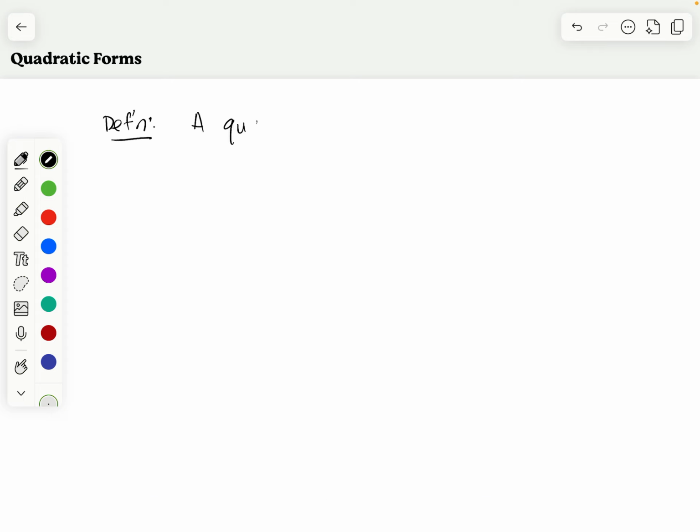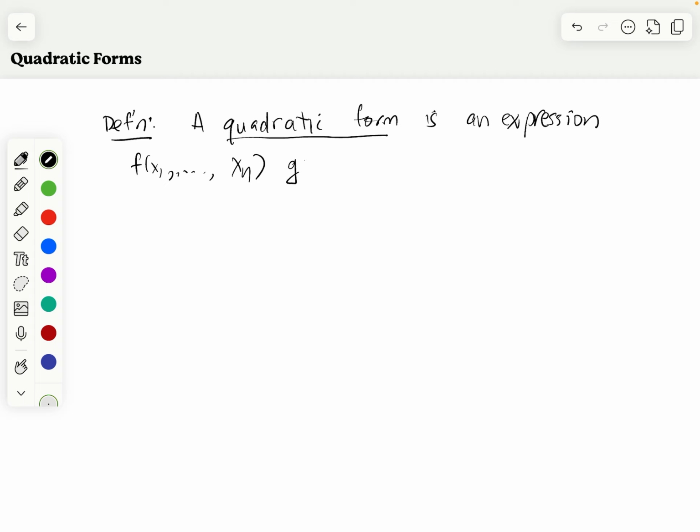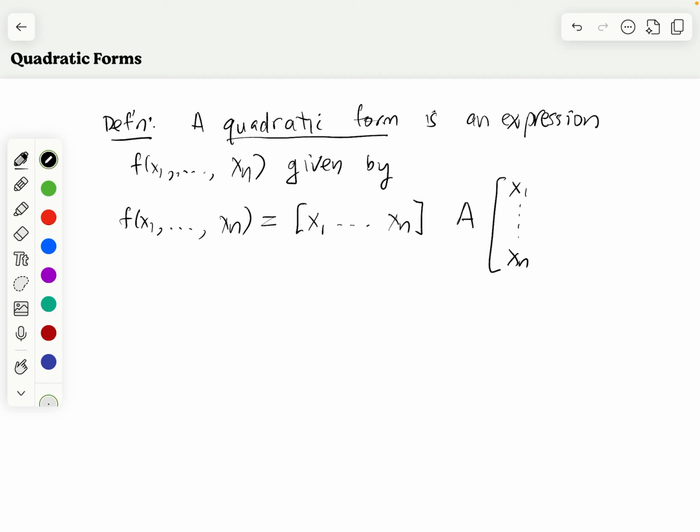A quadratic form is an expression, say f of x1 through xn, given by f of x1 through xn equals what you get when you take the vector x1 to xn as a row vector, or a 1 by n matrix, and then times a symmetric matrix A, and then times the transpose of that vector, x1 through xn.